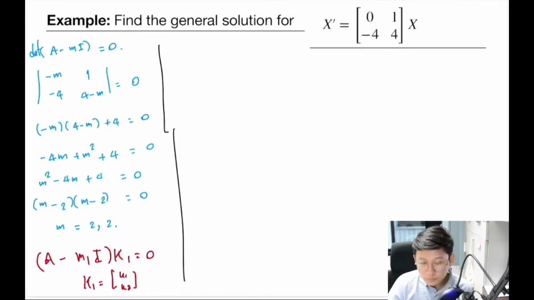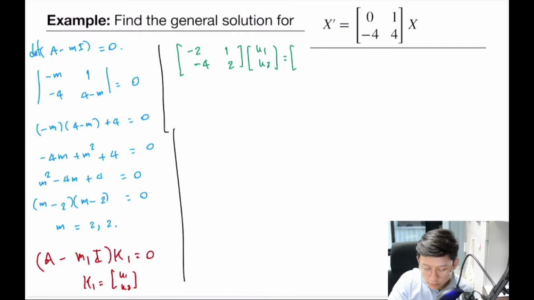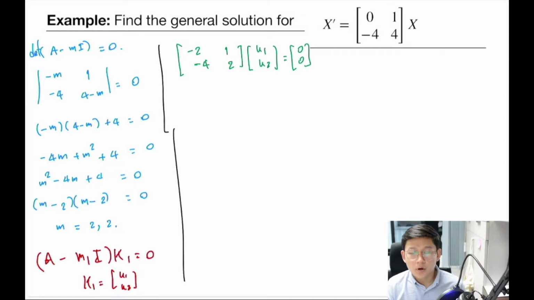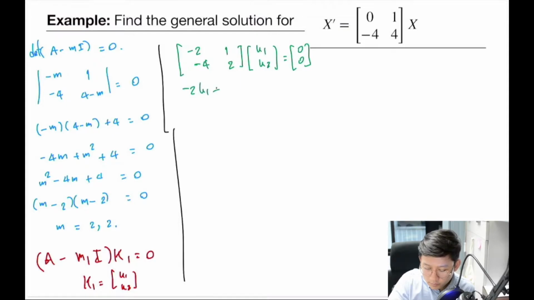So what we have here would be A minus 2I, which is minus 2, 1, minus 4, and 2, and k is k1 and k2 equals 0 and 0. So I obtained the system of linear equations in terms of k1 and k2. So I get minus 2k1 plus k2 equals 0, and minus 4k1 plus 2k2 is 0.